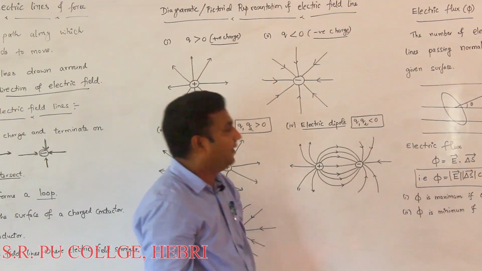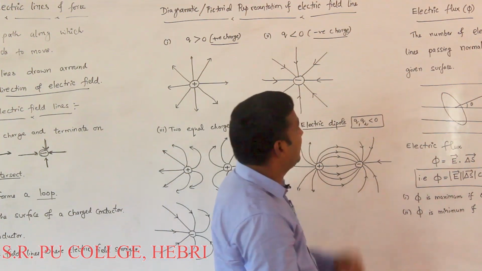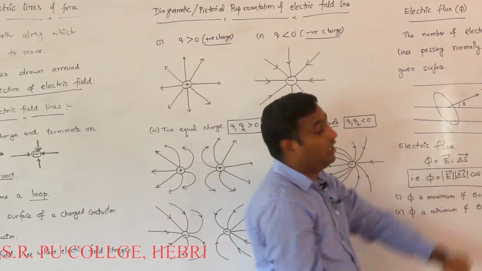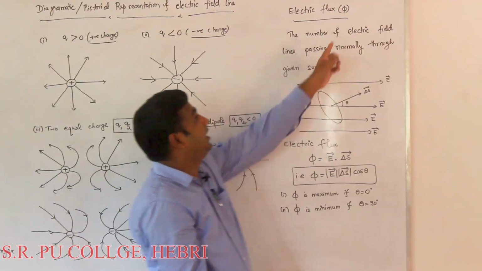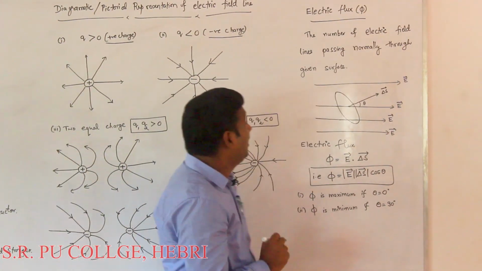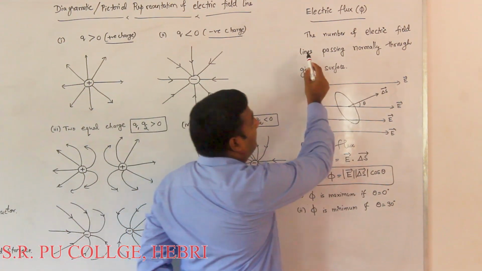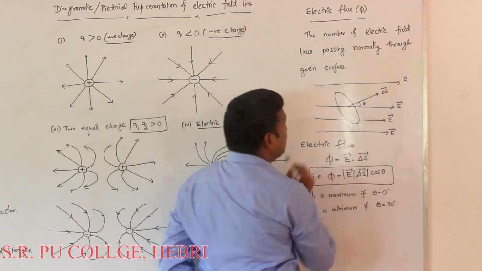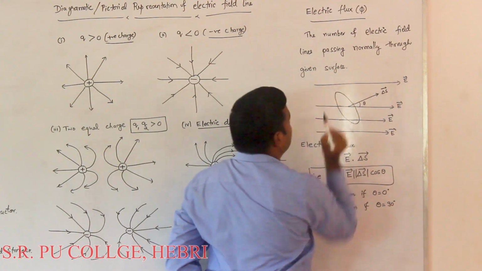Now the next important part, a continuation of this concept, the new concept is called electric flux. It is denoted by the letter capital Pi. Electric flux is nothing but the number of electric field lines passing normally through a given surface.